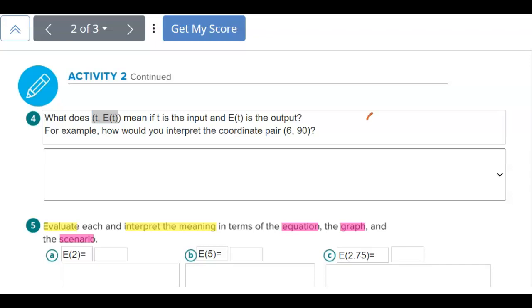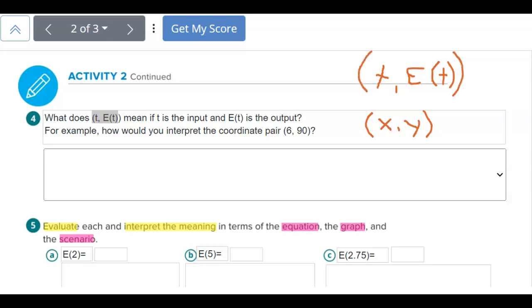This is just like when we were writing x, comma, y as a point, but instead of writing x, we're using t as our input variable, and instead of writing y, we're using e of t as our output variable. So this is just like writing x, comma, y, and then we put parentheses around it.